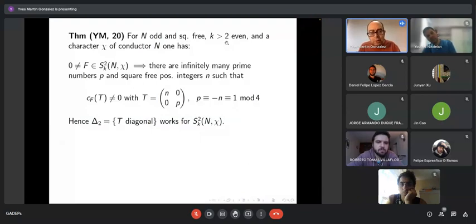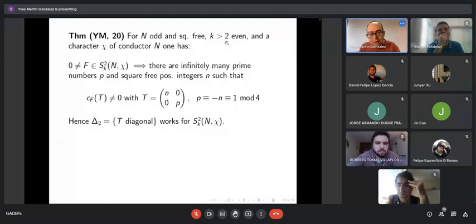In that situation, you can prove that if f is a Siegel cusp form in this space of cusp forms, then there are infinitely many prime numbers p and infinitely many square free positive integers n, such that the coefficient indexed by T with T of this type is non-zero.